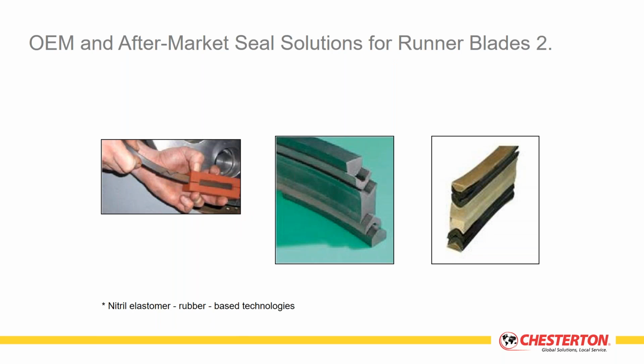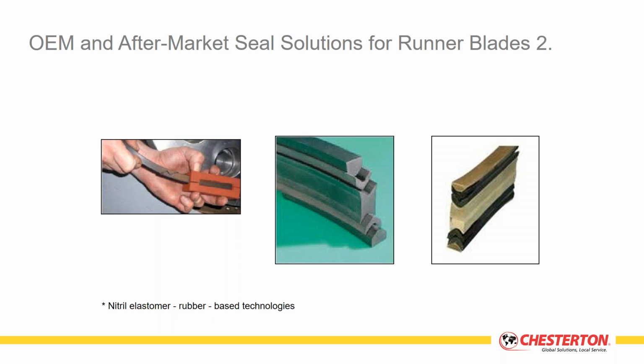Then, on the previous slide we've seen relatively old solutions, and what we can see today is, number one, most of the solutions used by the turbine OEMs and by the end users are based on rubber. But more and more, they move in the direction of using a kind of packing or a chevron stack set in a back-to-back configuration.